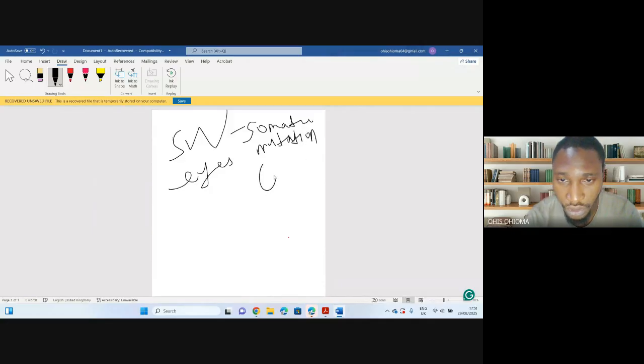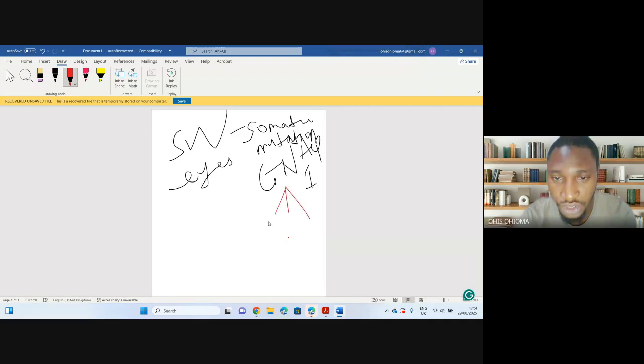There's a somatic mutation in the GNAQ gene. This gene is responsible for differentiation of blood vessels into arteries, veins, and capillaries in the brain and in the meninges.